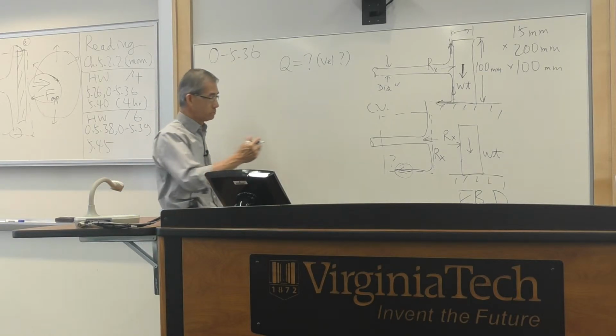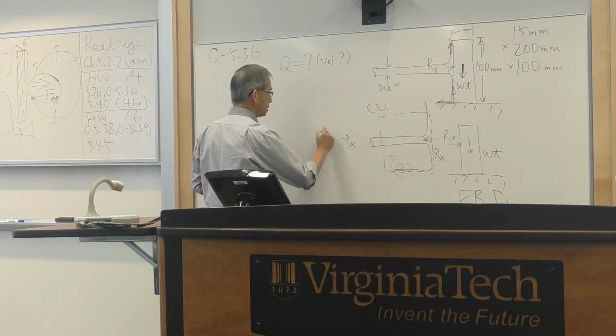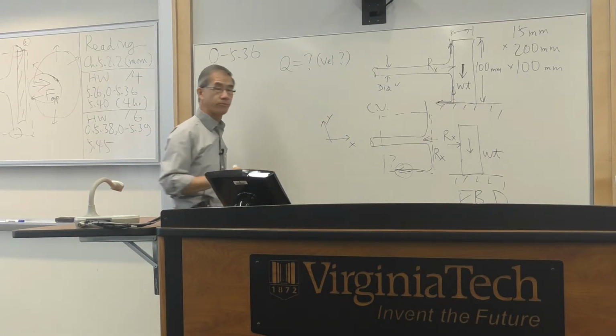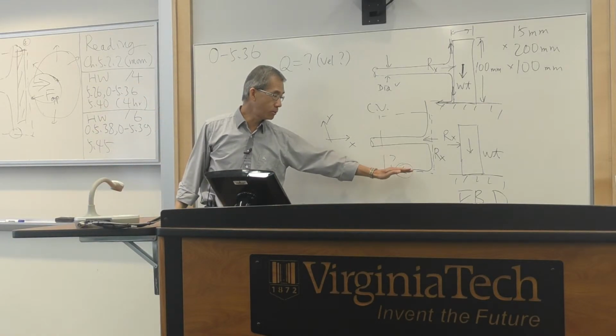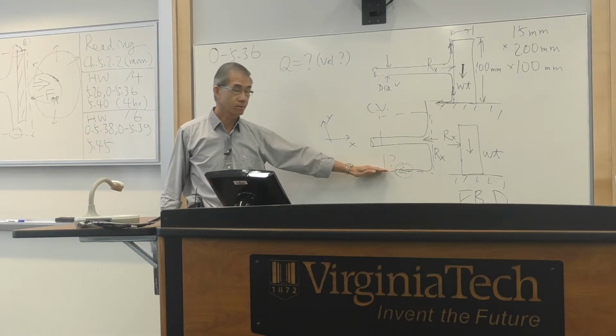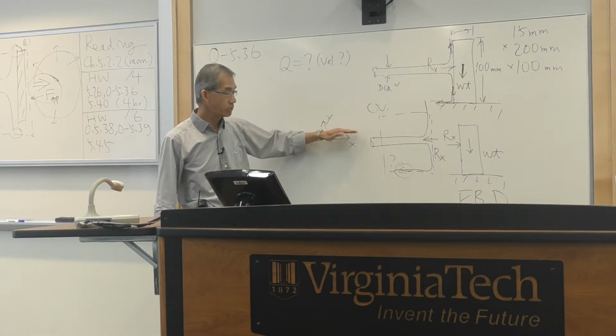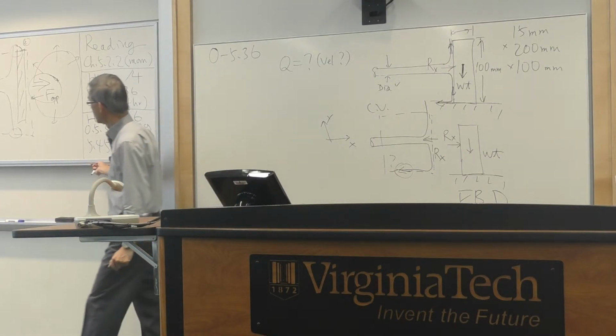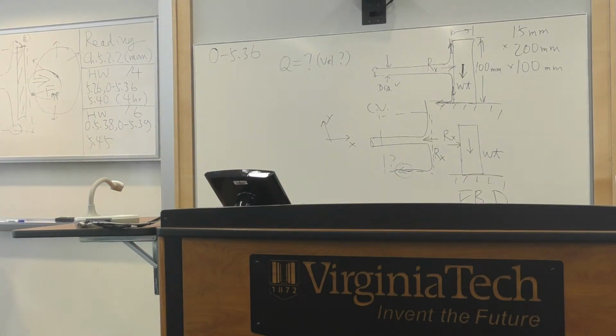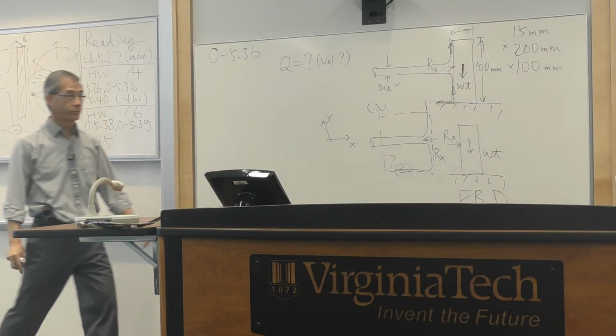Standard, which is X and Y. Kind of like that one. So here, unlike the other in-class problem, I have a sheet of water coming out of here, parallel to the X momentum. So the X momentum equation out will not be zero. It has something.